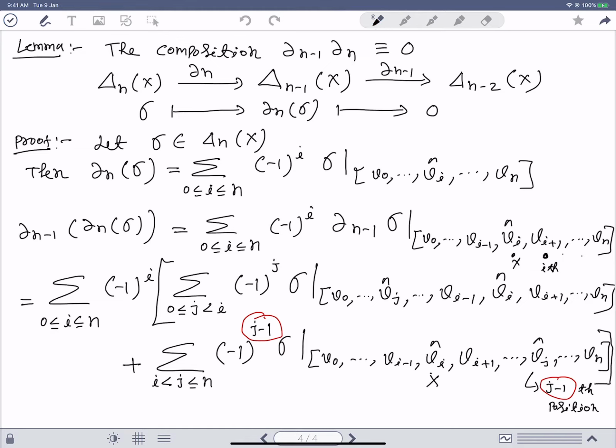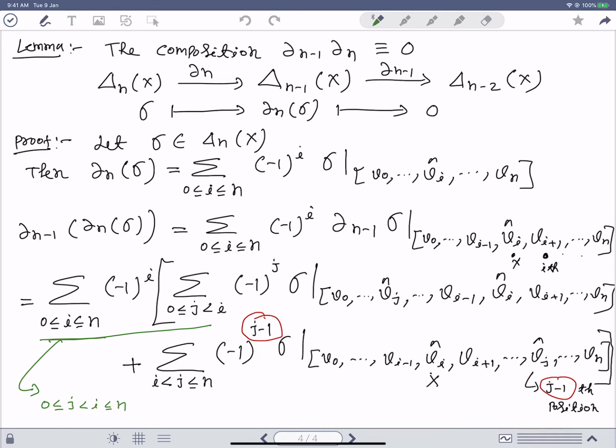Now we combine this i and j. Note that here we have 0 less than or equal to i less than or equal to n, and j varies from 0 to i. So by combining these two, one can write 0 less than or equal to j strictly less than i, less than or equal to n.